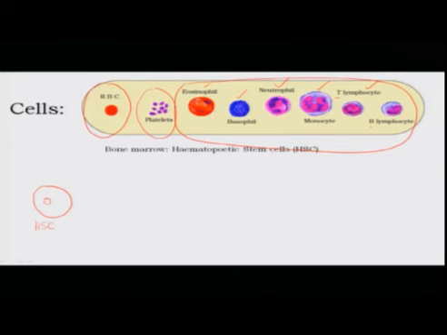It copies itself, and at one point of time when the need arises, it decides to give rise to two cells, one of which will remain a hematopoietic stem cell and the other one is going to become differentiated into what is known as a lymphocyte precursor cell.